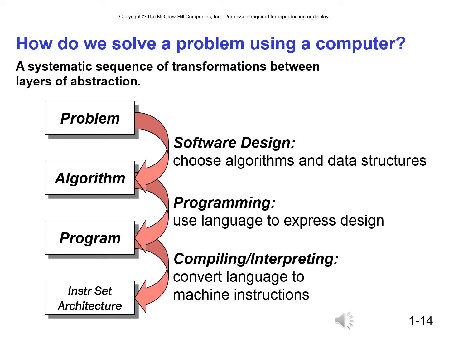And then a lot of the heavy lifting is done by the compiler, linker, interpreter, and it ultimately converts that Java program, that C++, that Python program into machine language. And that machine language is specific to the instruction set architecture of the processor.